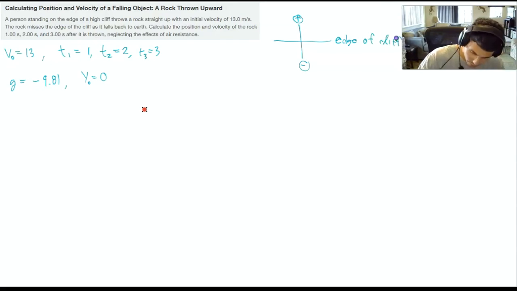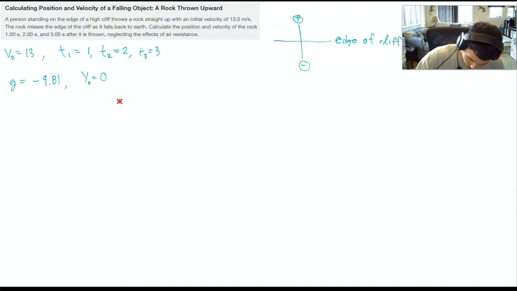So an important note to make is that we're standing right here, at the origin. If we throw it up, and then it just falls down, we're good. And our vertical position is y0, and y0 is equal to 0. So these are all important facts that are given. Sometimes you have to make an assumption to find these facts, right?